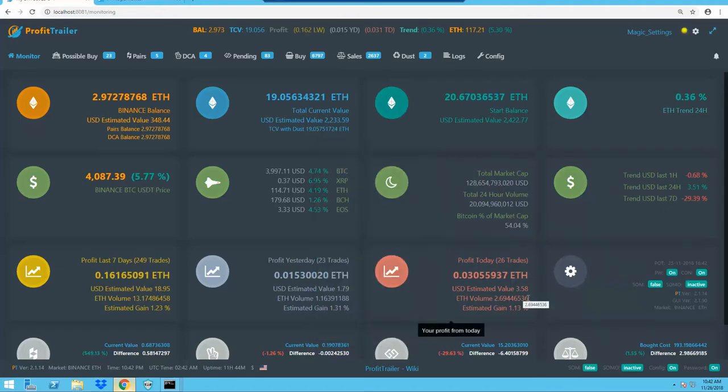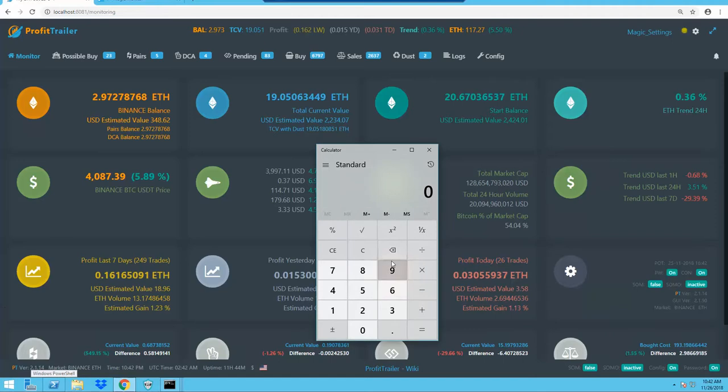to make that $3.58 so far today. So we had an estimated gain of 1.13%, which is $3.58 off of 2.69 Ethereum. Let's do the math on this. 2.69 Ethereum at 446,536.